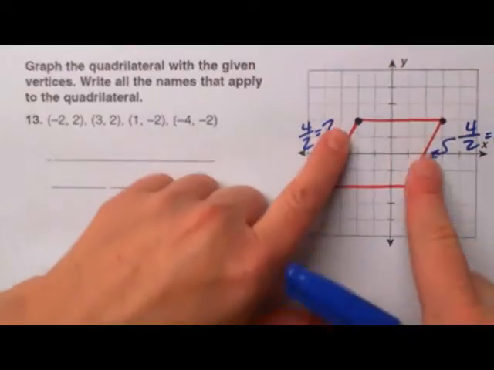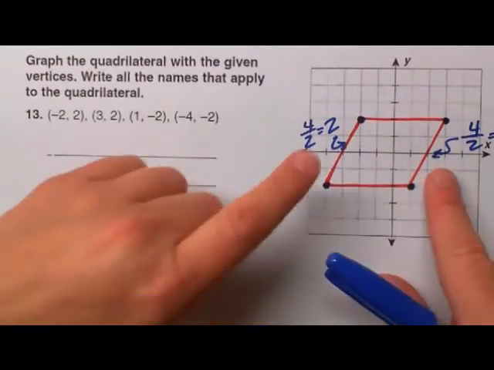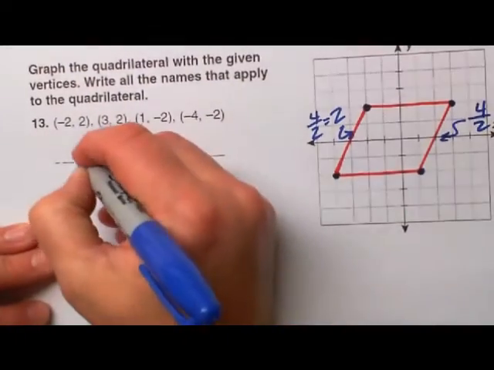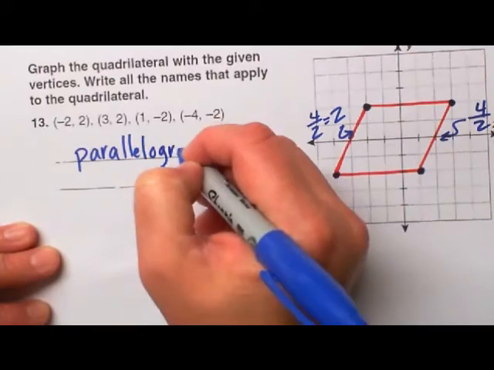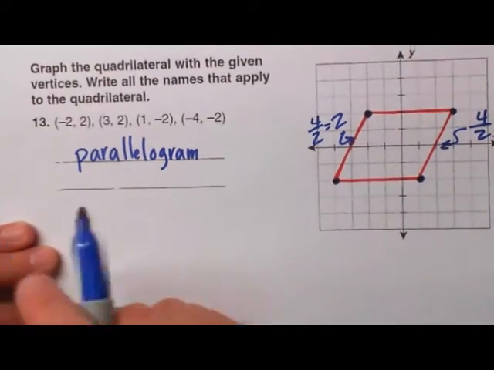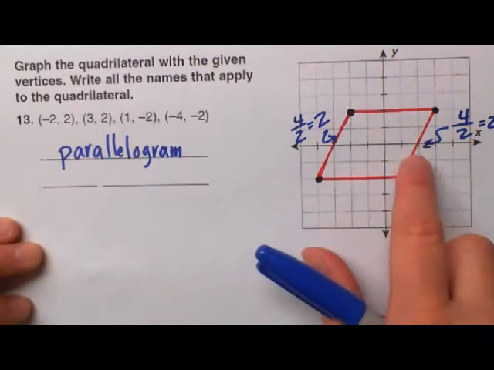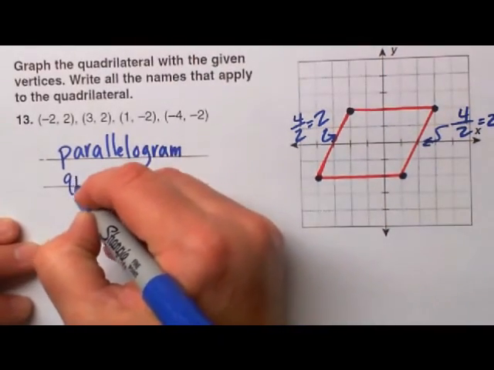So I've just proved that I have two parallel lines here. So I have one set of parallel lines and then a second set. So at the very least, I have a parallelogram here. I also have the 1, 2, 3, 4-sided figure, which means that I have the quadrilateral.